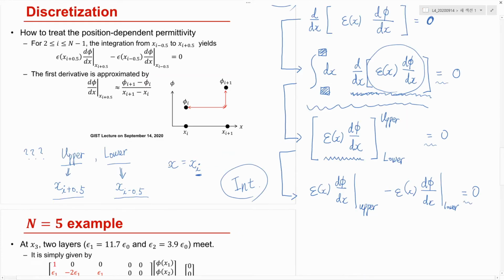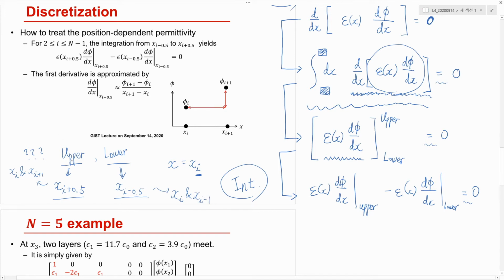It was defined as just a midpoint between xi and xi plus 1, and between xi and xi minus 1.